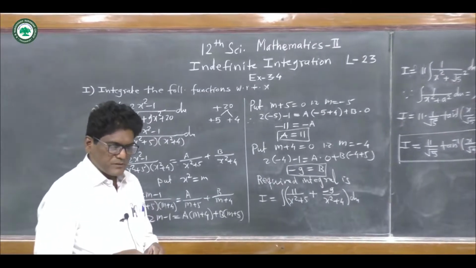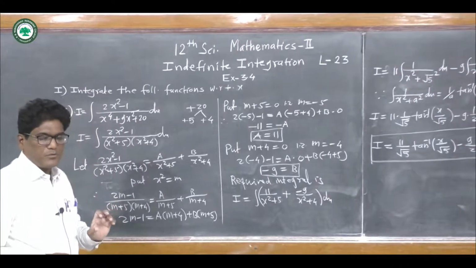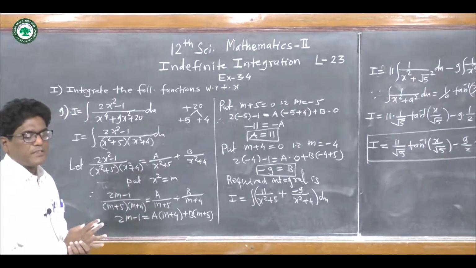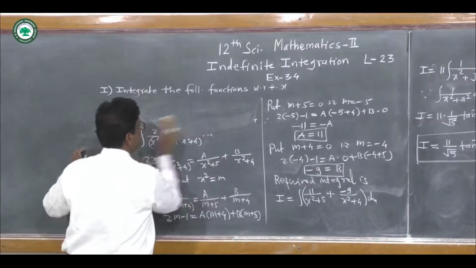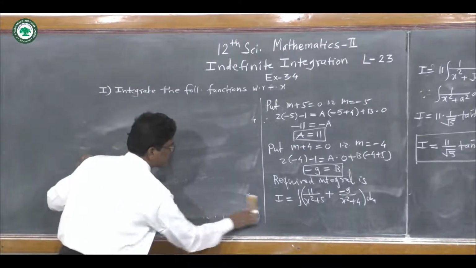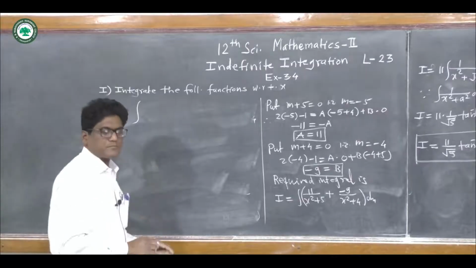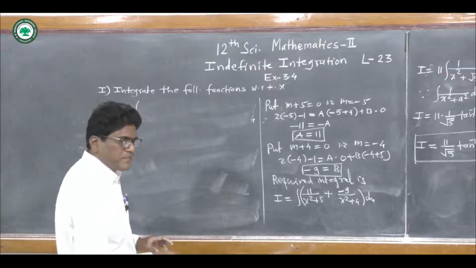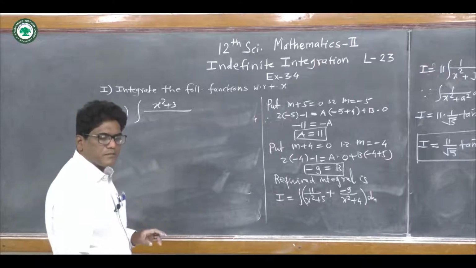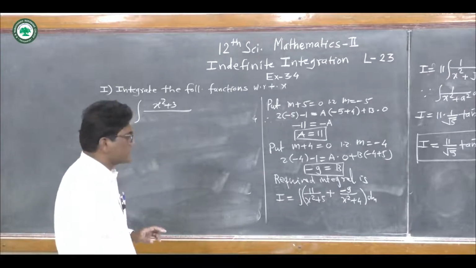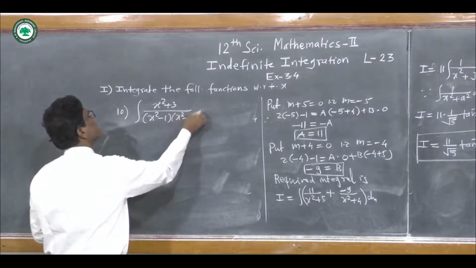Now we discuss the 10th problem, similar to the 9th problem, only I give a hint how to solve the 10th problem. So 10th problem: integration of (x square plus 3) upon (x square minus 1) into (x square minus 2) dx.